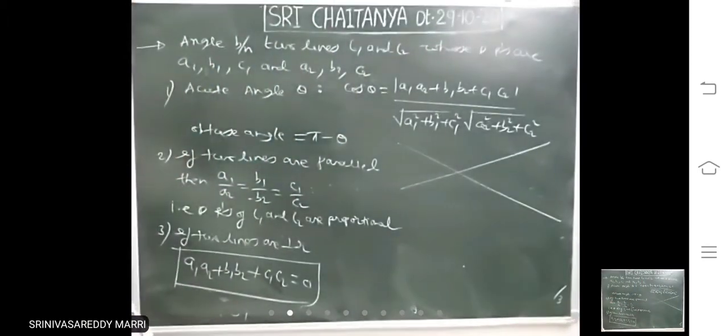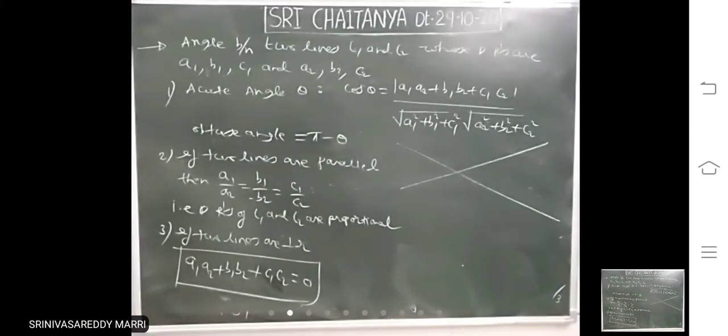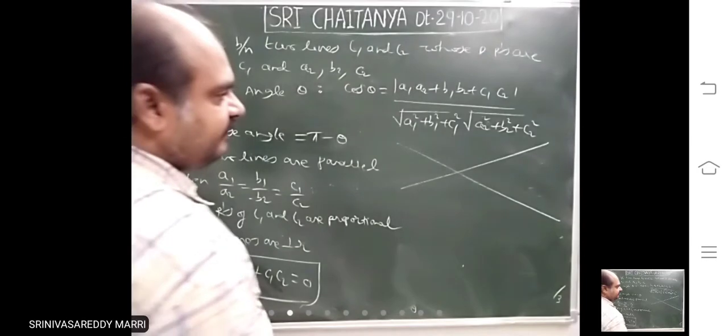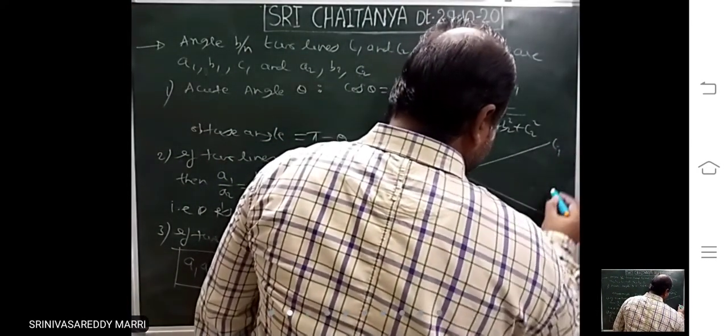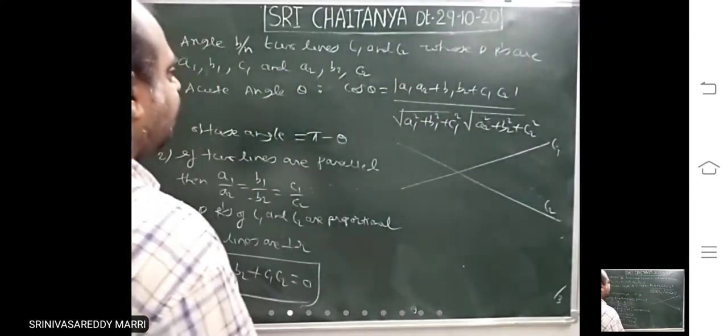Whenever you want to prove a theorem, start in vector form. Now line L1 and line L2 are given. Look at what is given.